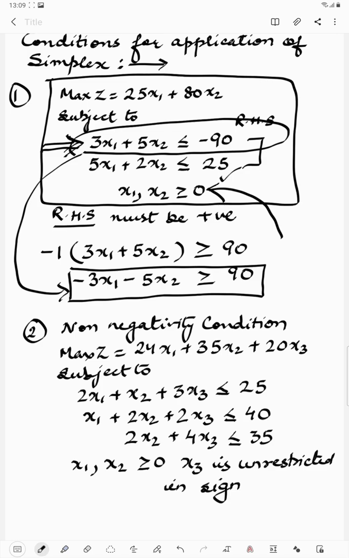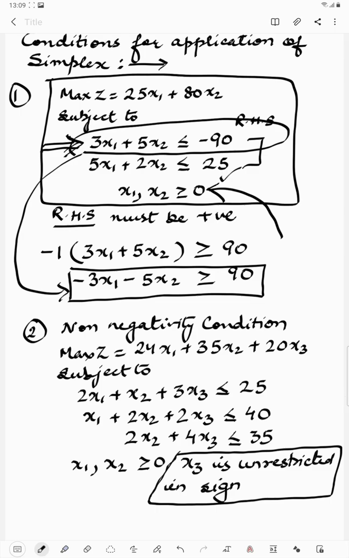They can never be negative. Now can this problem be solved using simplex method? Yes, if we can change this into a non-negativity condition, then of course we can solve it.